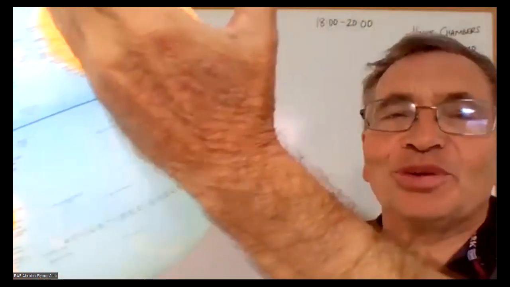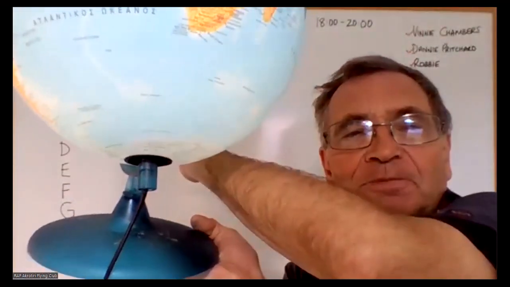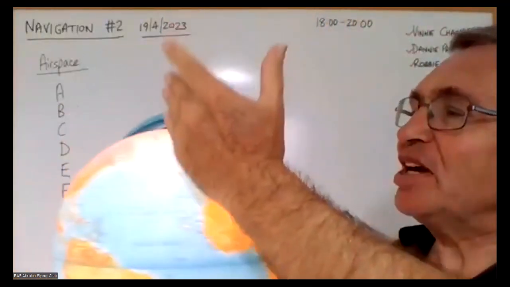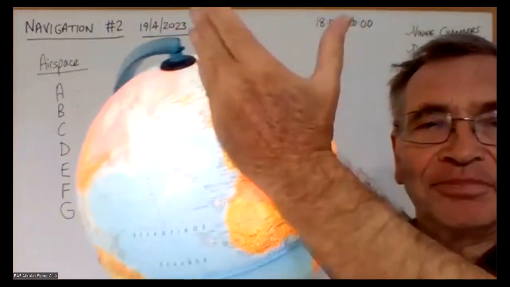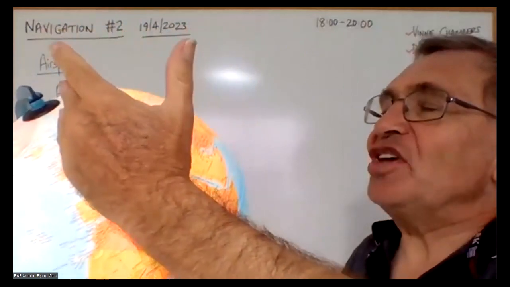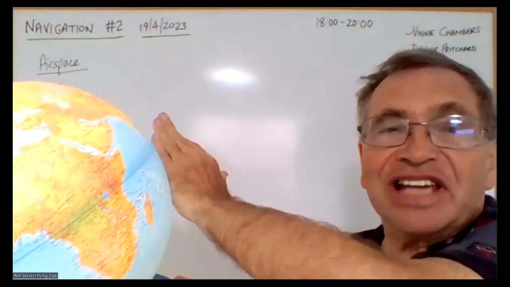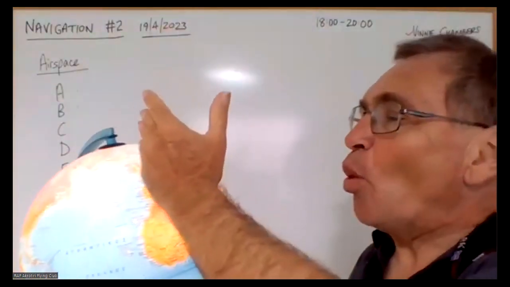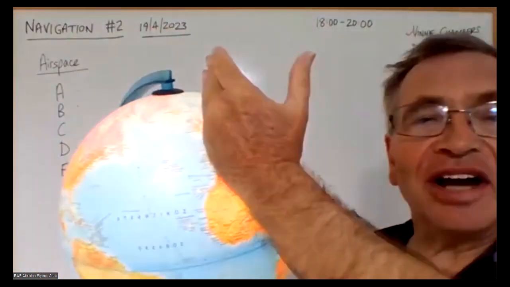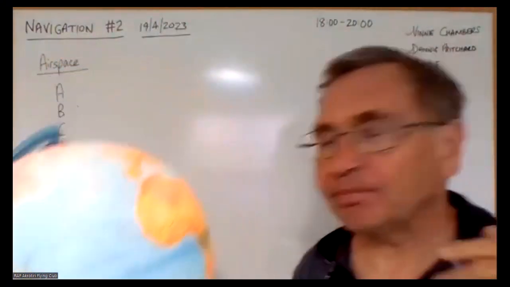Yeah, they go 0 to 180. In other words, all the way around to the other side of the globe, starting off from the Greenwich Meridian. And that means that everything east of the Greenwich Meridian goes 0 to 180 degrees east, and everything west of the Greenwich Meridian goes 0 to 180 degrees west.